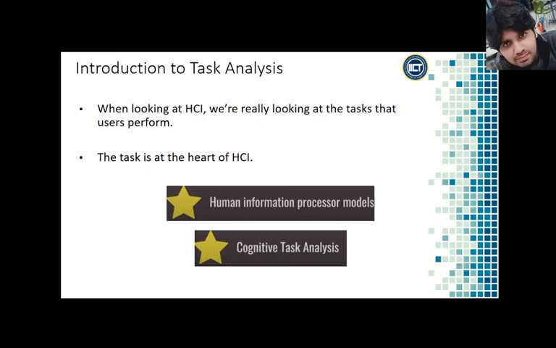Note that that's similar to the predictor model that we again discussed in the human abilities lecture. Now, in the first part of this video, we'll cover the human information processor model's details, and in the second part, we'll try to focus on the cognitive task analysis.